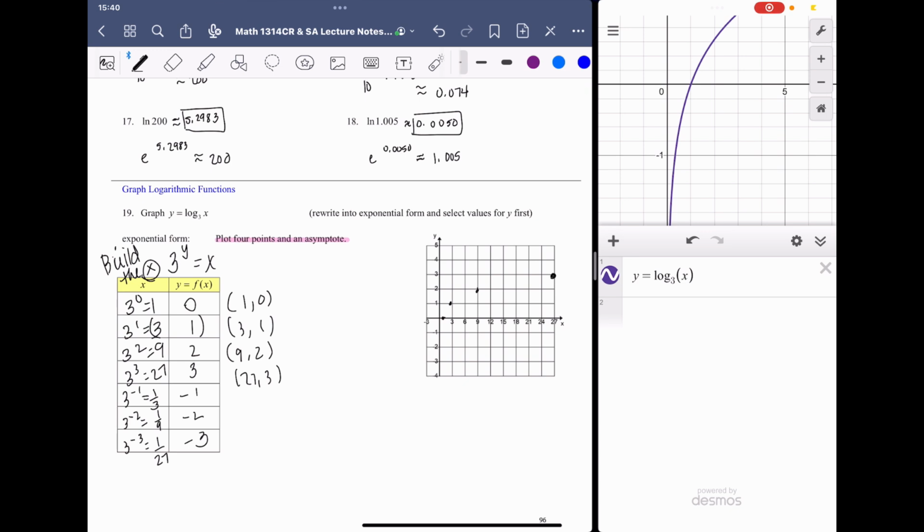So there are 4 points. We connect the dots, just a curve.